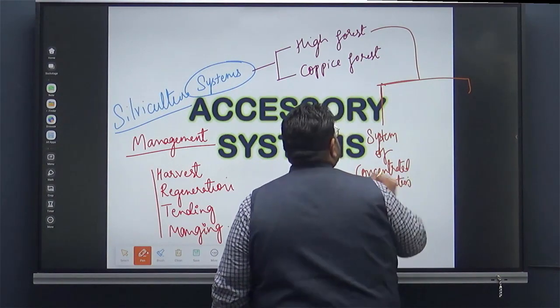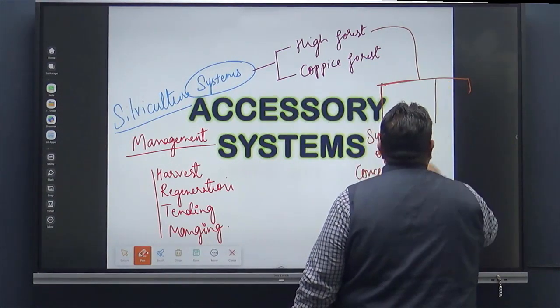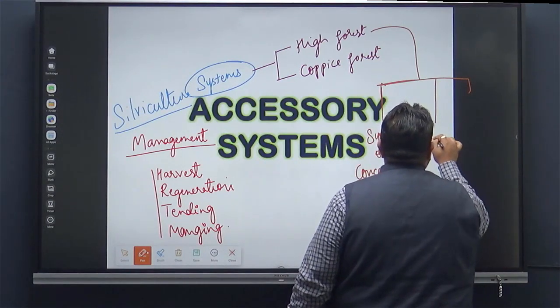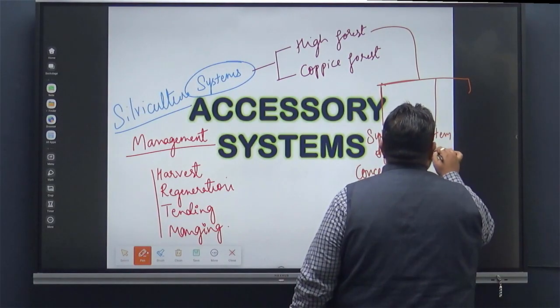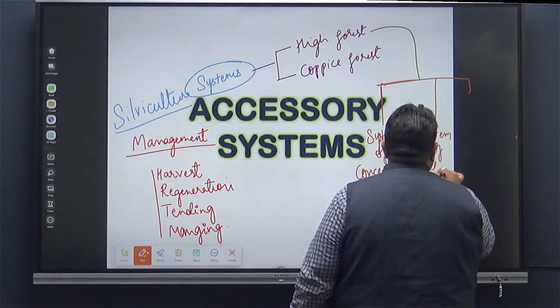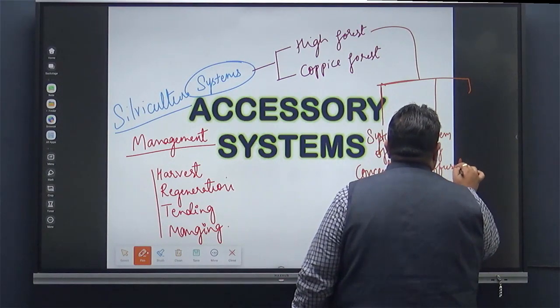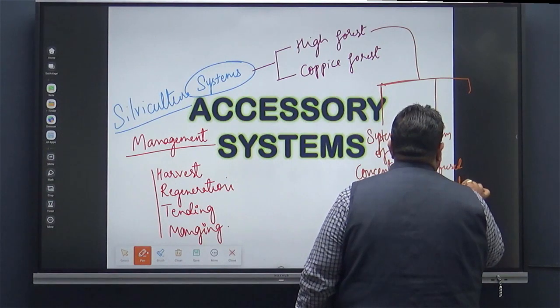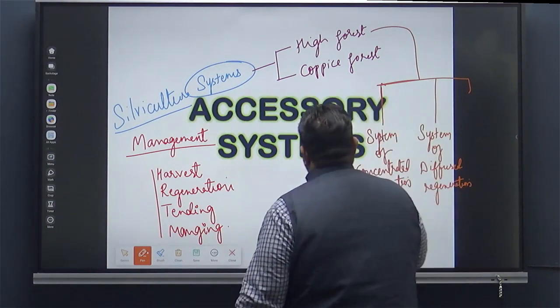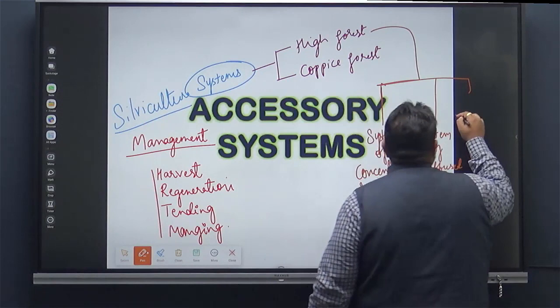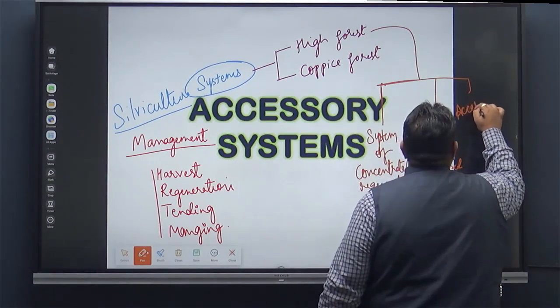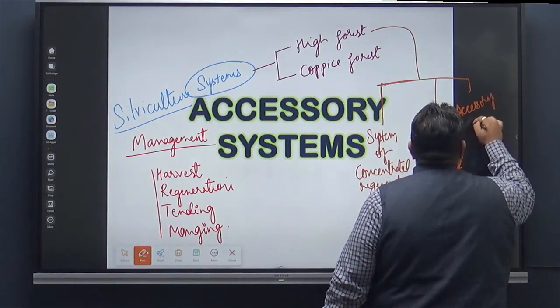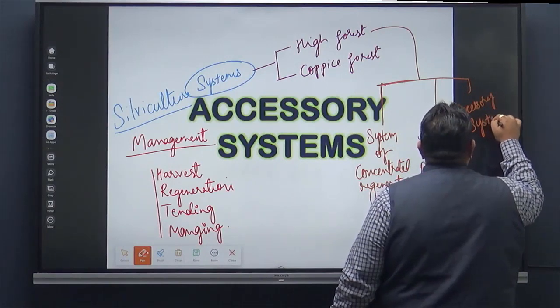If you are felling in a diffused way, there is the system of diffused regeneration. And finally we have the accessory systems.